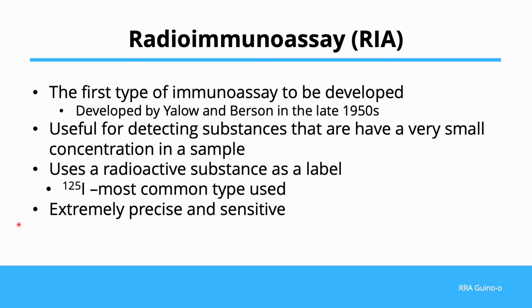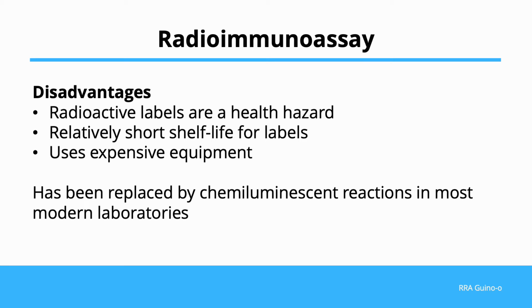Now, radioimmunoassays are very precise and sensitive, but they have inherent disadvantages. First, radioactive labels are considered a health hazard, and they also have a relatively short shelf life. For example, iodine-125 has a half-life of 60 days, so you have to use the reagents in a very short amount of time.